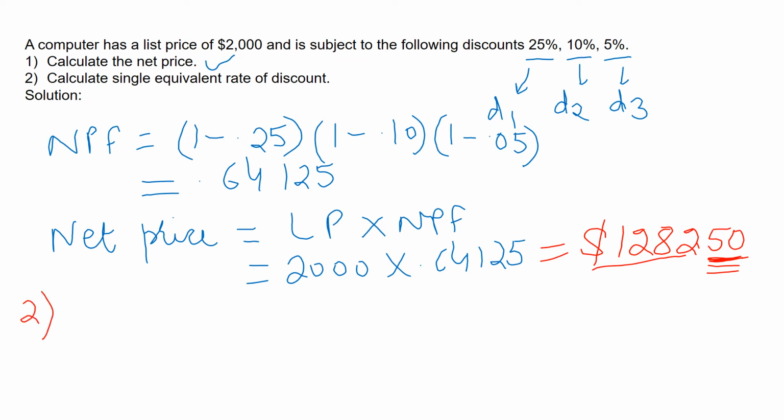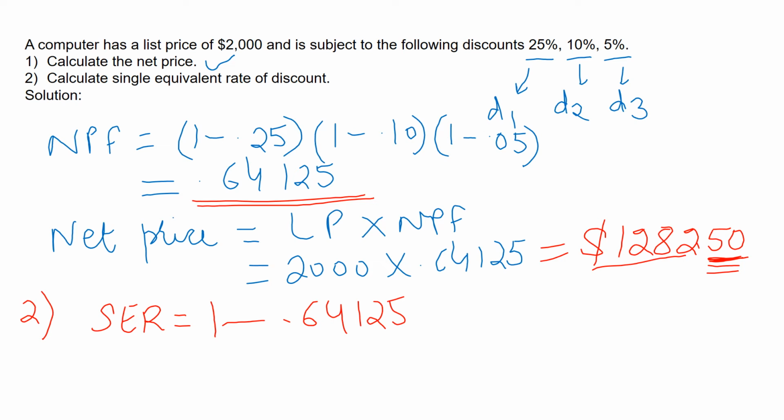Second part, calculate the single equivalent rate of discount. We need to calculate SER, and the formula is 1 minus NPF. So 1 minus 0.64125 comes out to be 0.3587.